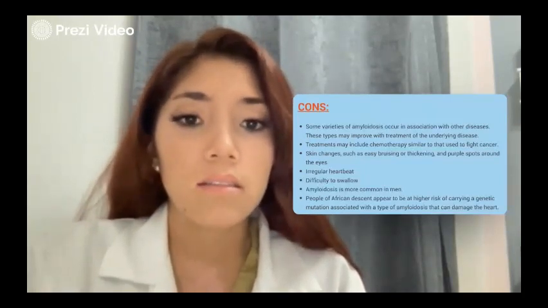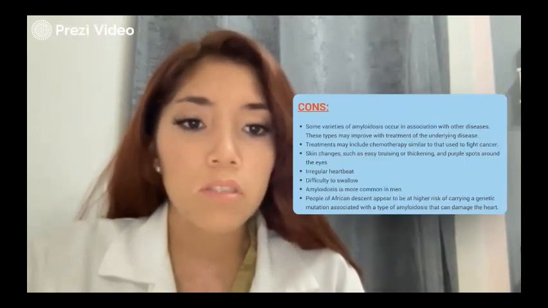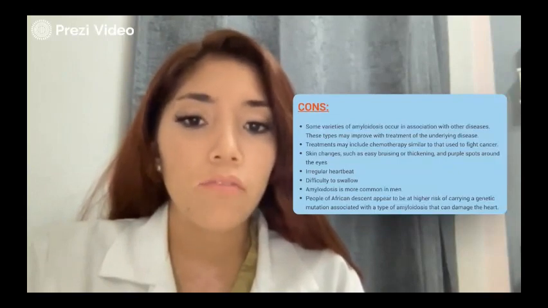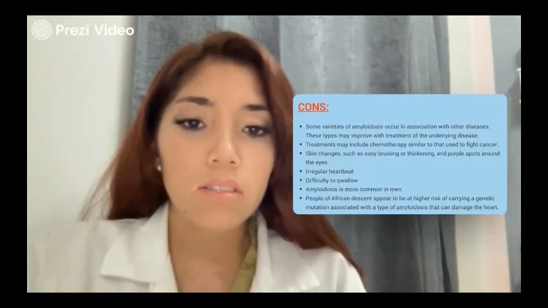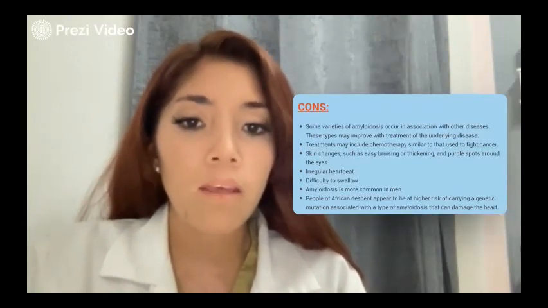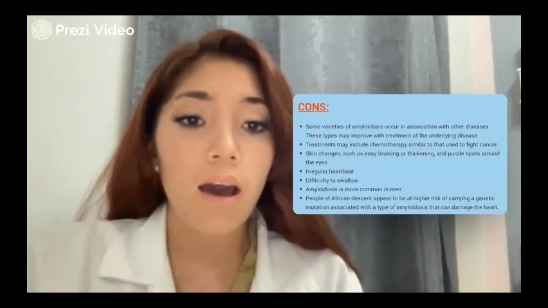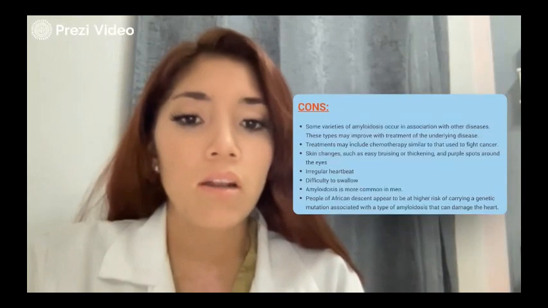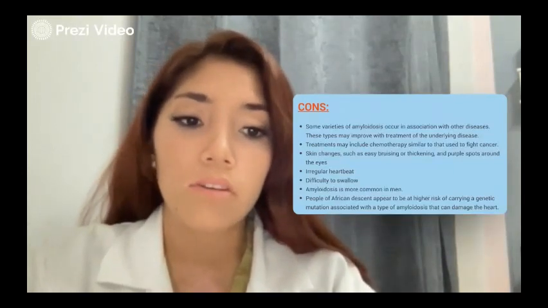Symptoms include skin changes such as easy bruising or thickening, and purple spots around the eyes, irregular heartbeat, and difficulty swallowing. Amyloidosis is more common in men, and people of African descent appear to be at higher risk of carrying a genetic mutation associated with a type of amyloidosis that can damage the heart.